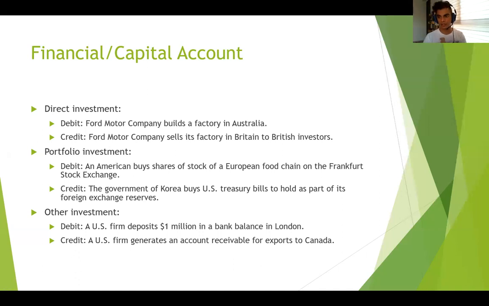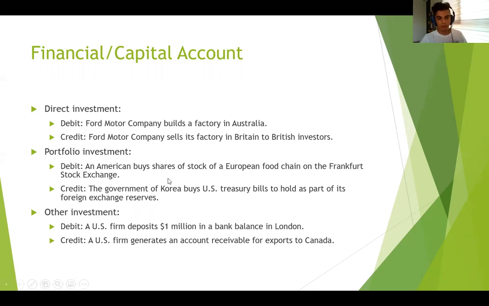So it's shares, bonds, bills, derivatives, investing in a fund, anything that is not physical, but is like paper investment or virtual investment. Currencies too, if you buy currencies just to have currencies, or if you buy derivatives of gold or things like that, it's also part of this portfolio investment.